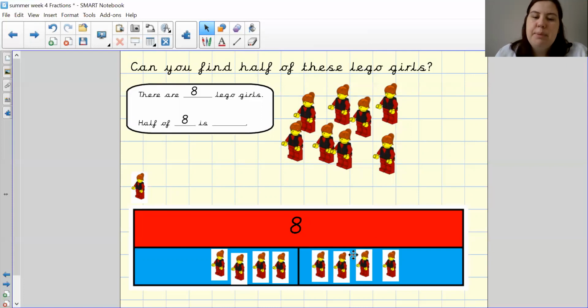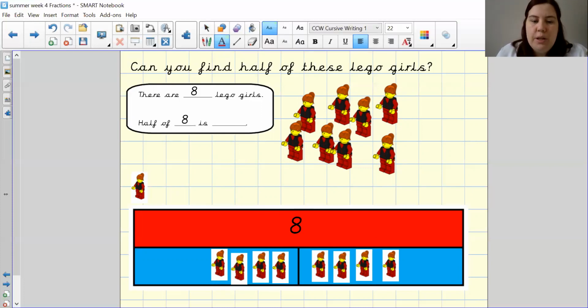So my 8 is in the middle because that was my whole. And now I have my 2 parts because we know that a part plus a part equals a whole. How do I know if it is half? Fantastic. The numbers need to be equal on both sides. So let's count and check. 1, 2, 3, 4. So there is 4 in this part.